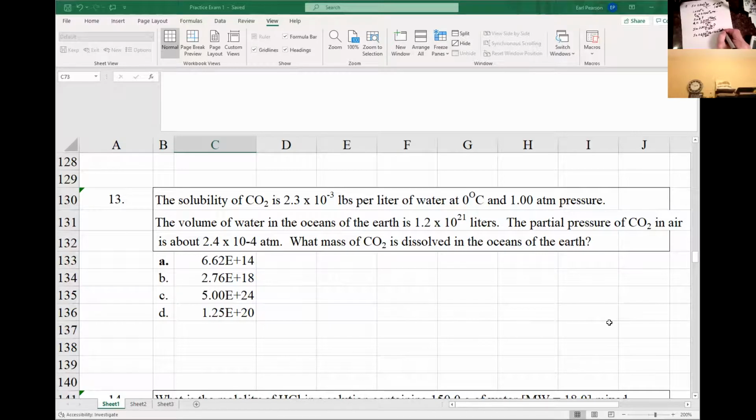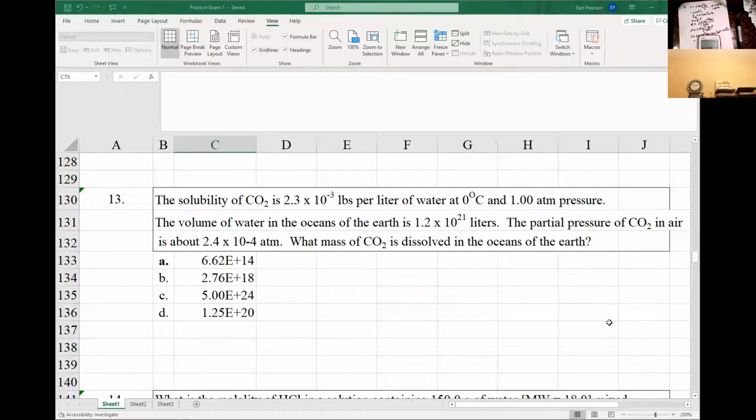And then multiply by the volume in the container, and the volume is 1.2 times 10 to the 21 liters. And now my liters will cancel. So I've just got to do the math. 2.3 times 10 minus 3, and I'm going to multiply that by 2.4, exponent is minus 4. And multiply that by 1.2, exponent is 21.